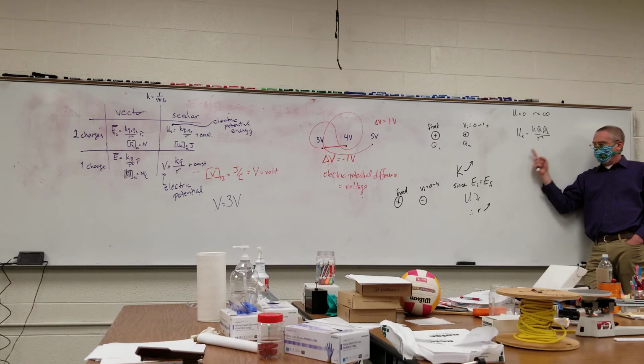From a physics point of view, I know potential energy is supposed to get smaller. So how is it that R gets smaller and my potential energy gets smaller at the same time? It has to go back to the work equations. Let's do it from a math point of view. We don't need to do physics at this point. This is a math question.